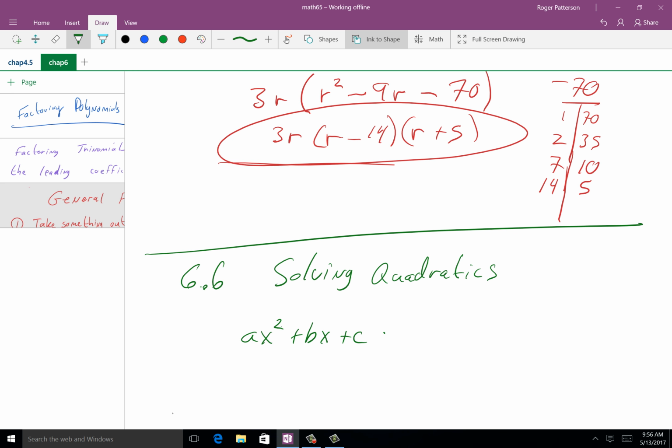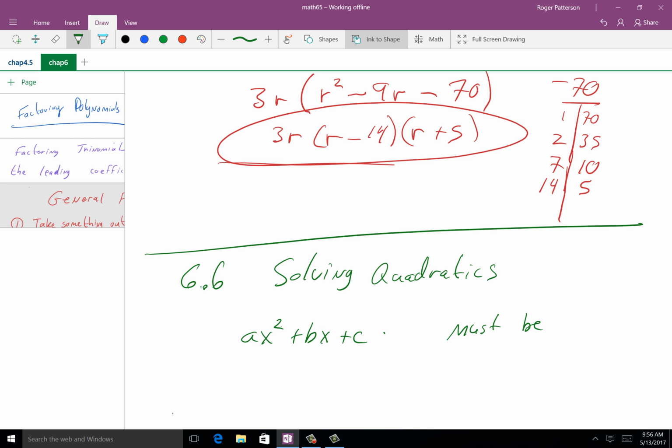But in this one, they introduce something called the zero product property. And this is what the zero product property says.